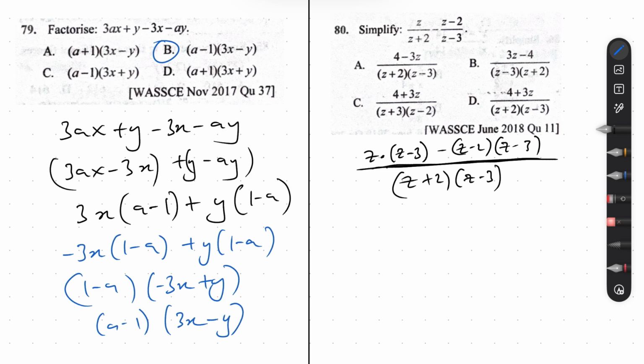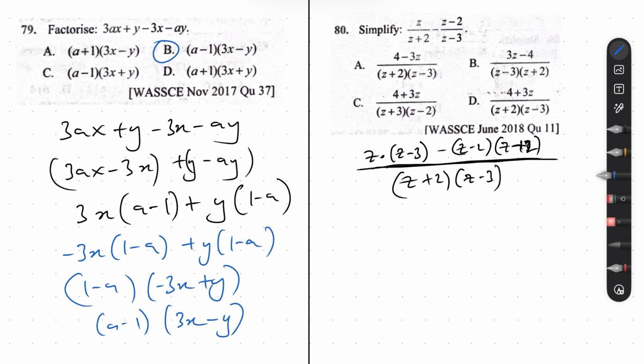Okay, cool. Now, no, it's z plus 2 here instead. Sorry, plus 2. Okay, so now you can see z minus 2 and then z plus 2 is a difference of what? Two squares. And we know how to handle difference of two squares, right? So let's do that, and then we simplify the other side also.